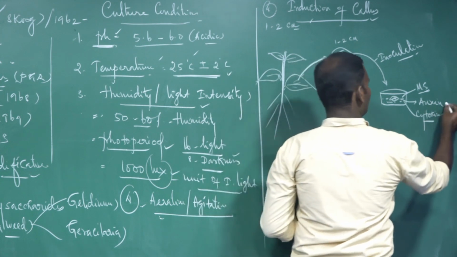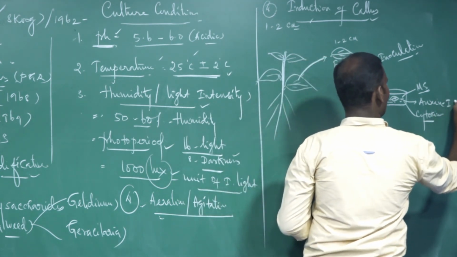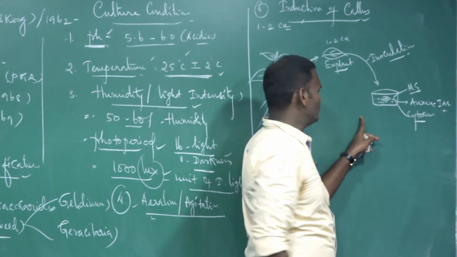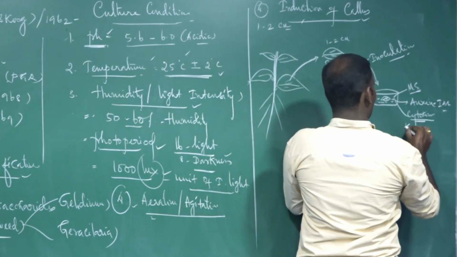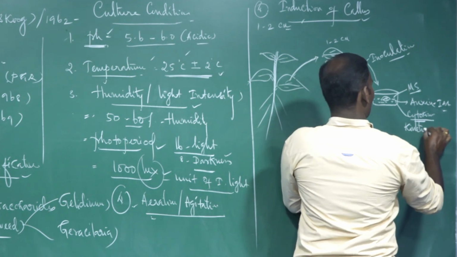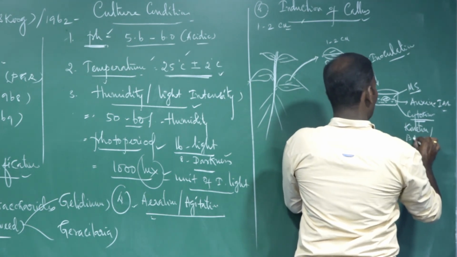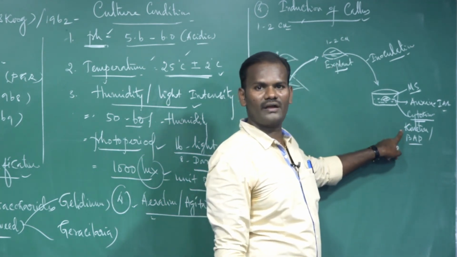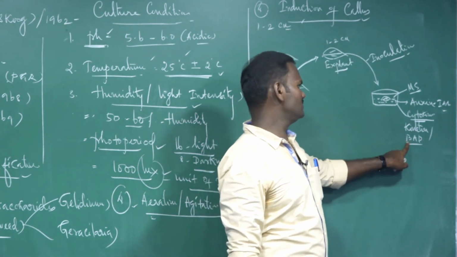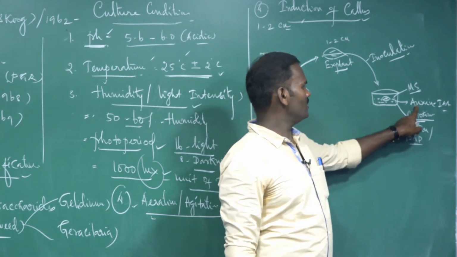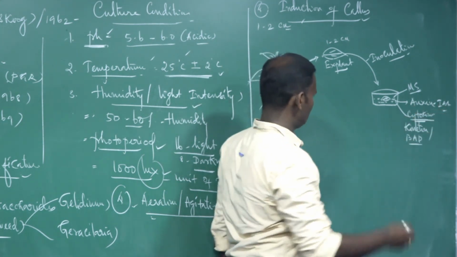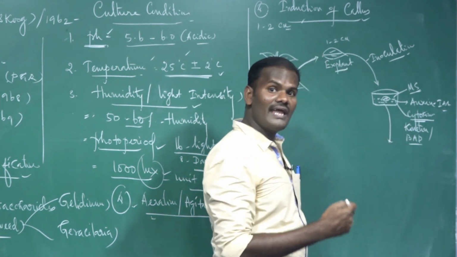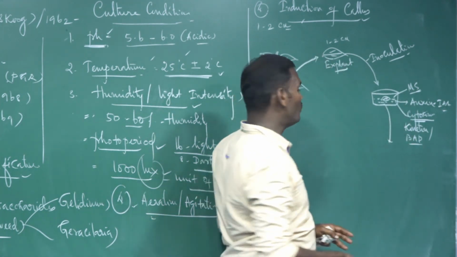Auxin induces cell division, for example IAA, indole 3 acetic acid, a natural auxin used in plant tissue culture. Cytokinin, for example kinetin and benzyl aminopurine, BAP, are the commonly used cytokinins in plant tissue culture. Auxin, IAA, is used as well.